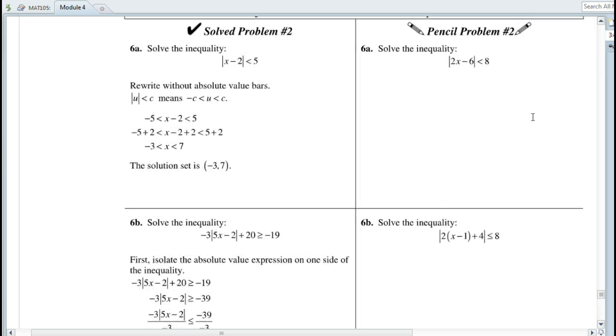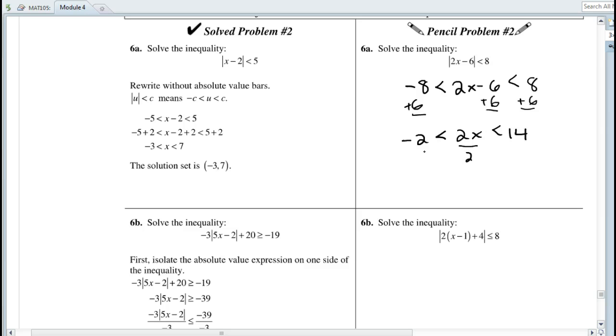All right, so this one we have the absolute value of an expression less than a number. So that means we do negative 8 less than the expression less than the number. And then we solve this. So add 6. And we get negative 2 less than 2x less than 14.